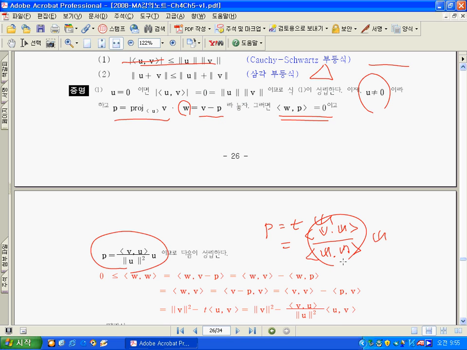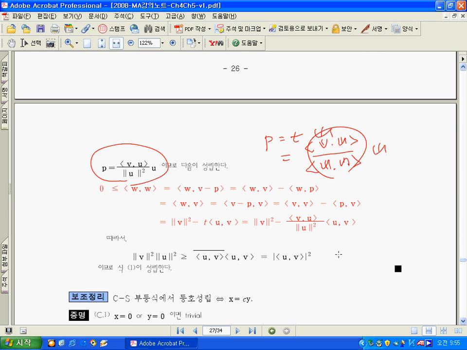This is from the first section of the elementary linear algebra book that you have learned. Okay, now we have everything. Because of the positive semi-definite property of the inner product, we have this. W can be written as V minus P. With the properties of inner product, we can split it in this way.